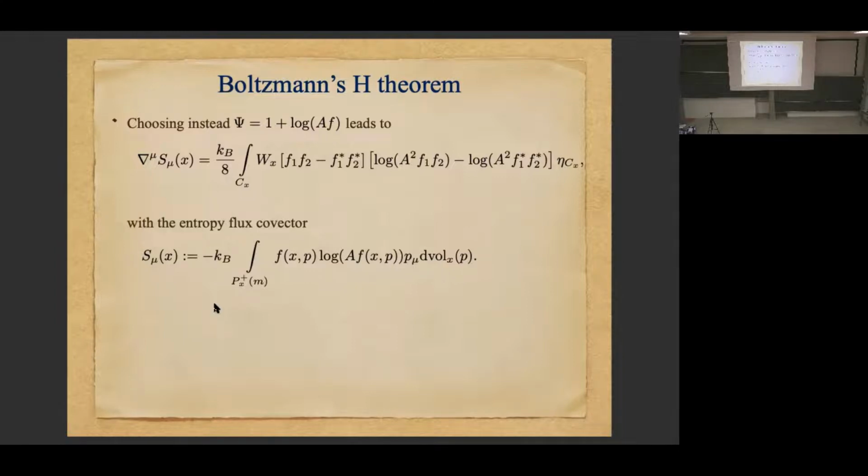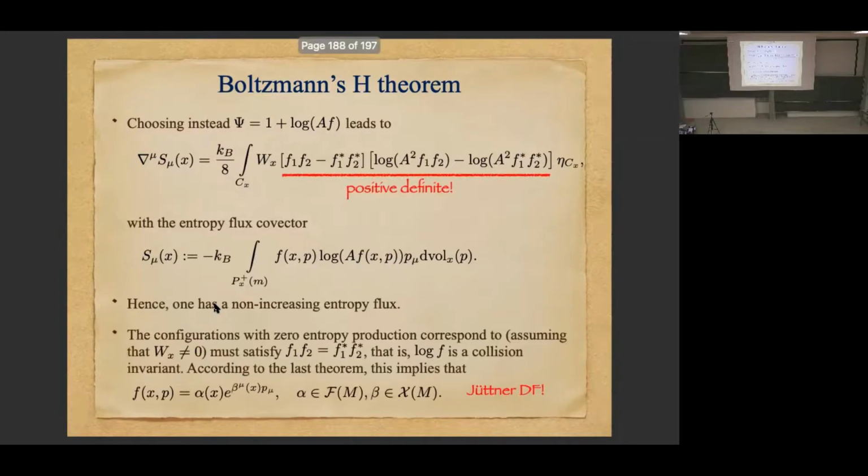But the interesting thing now is that this has a sign. This function is positive definite, because it is of the form x minus y times log x minus log y, and because the log is an increasing function, this is positive definite. And hence you get the second law of thermodynamics, if you want.